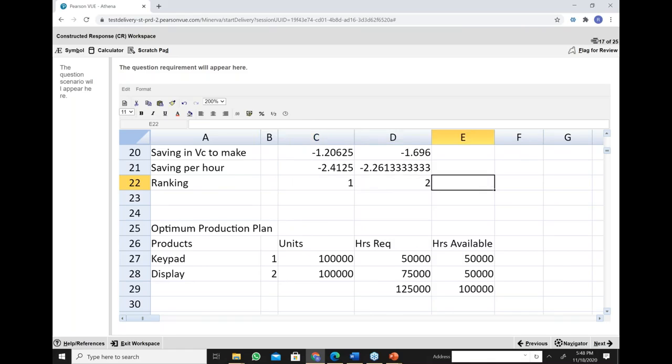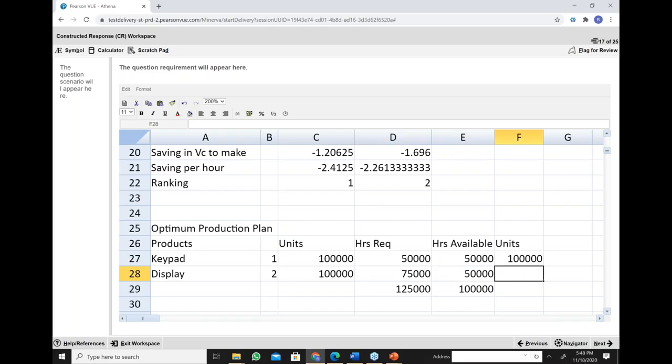Now, let's work out the units. So, keypad units, how many we'll produce? We require 50,000. We have 50,000, so we can produce complete 100,000 of keypads, right? For display screen, we require 75,000. We have 50,000, right?